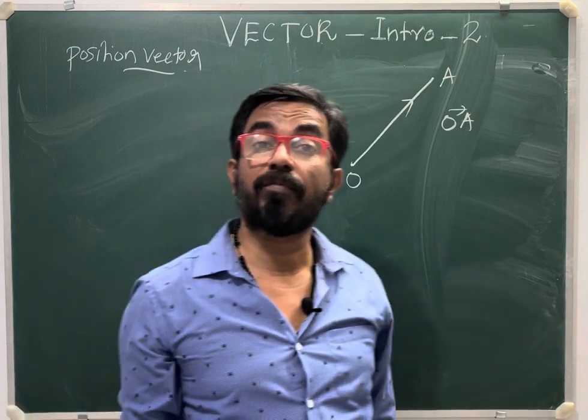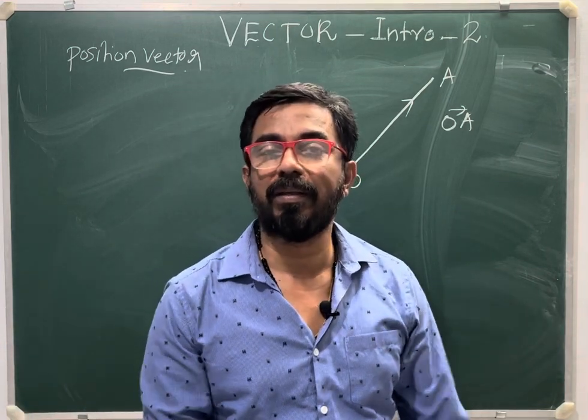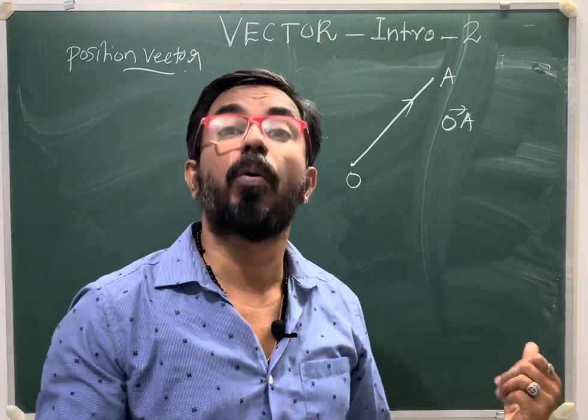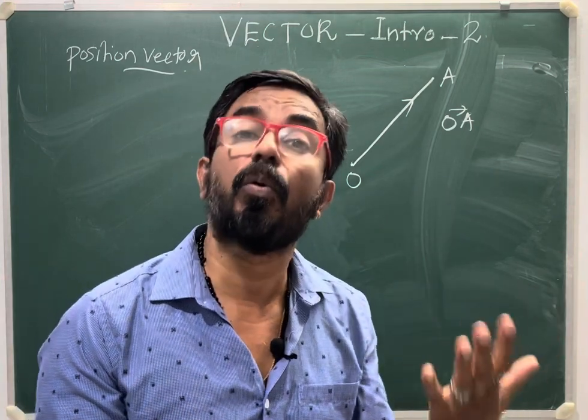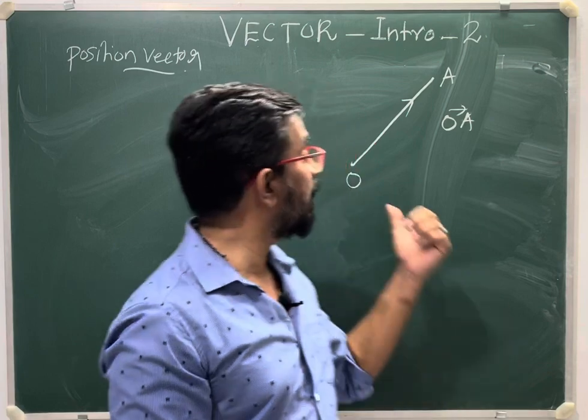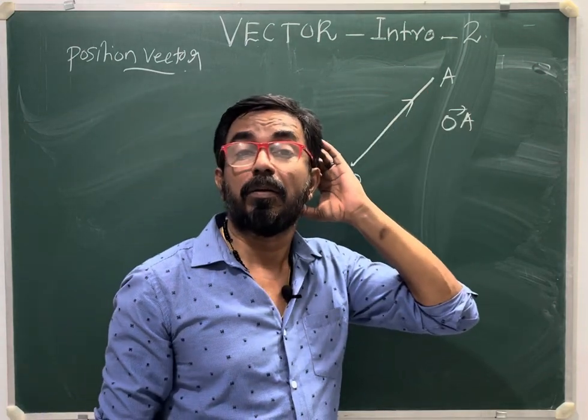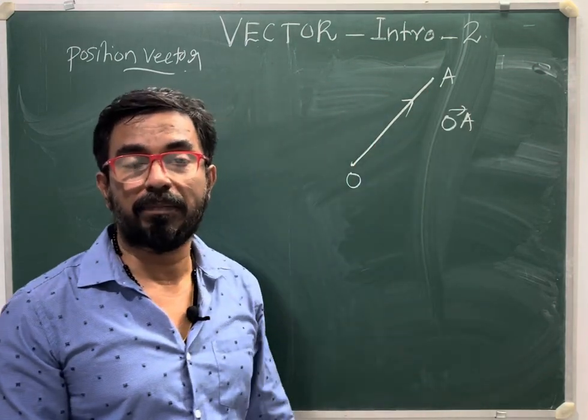Then the position vector of B is OB, of P is OP, of Q is OQ. So there is a definite length and a direction from the origin to that point.